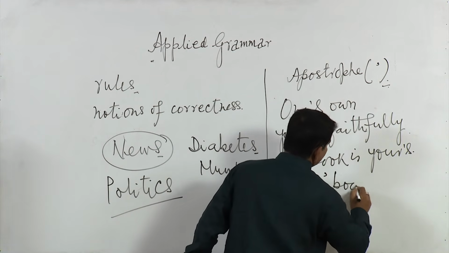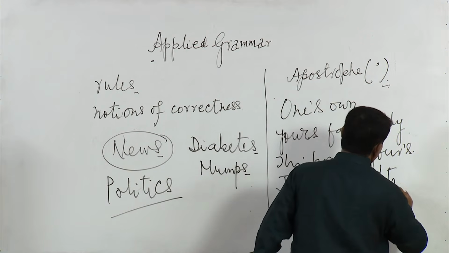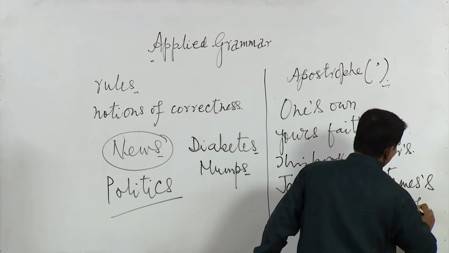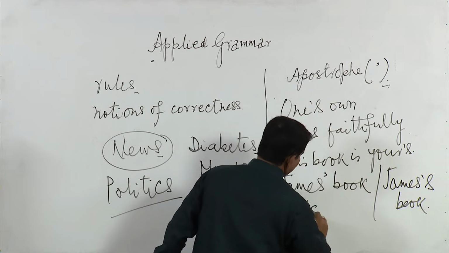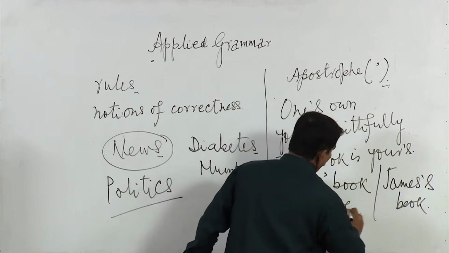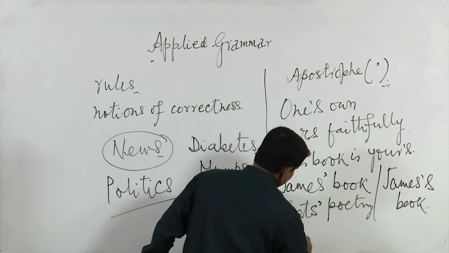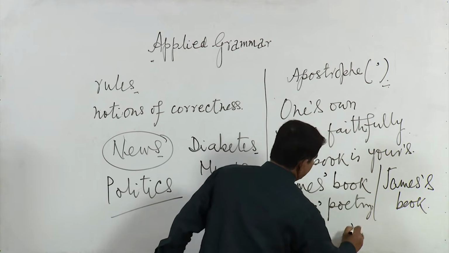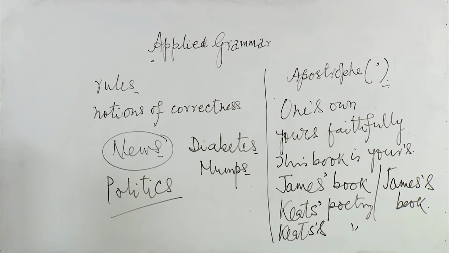James's book. This can be written in both ways, James' and James's book. We can also say Keats's poetry or Keats' poetry. Both of them are correct.